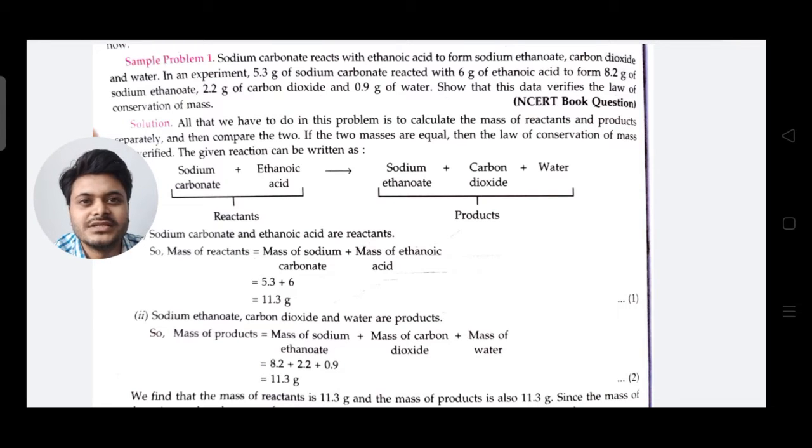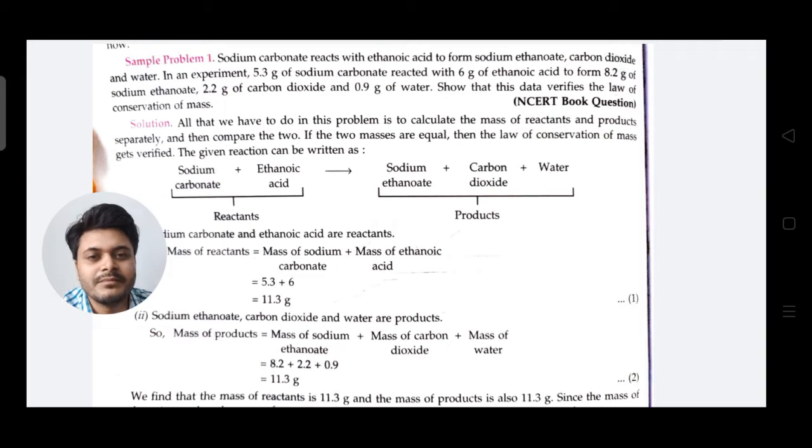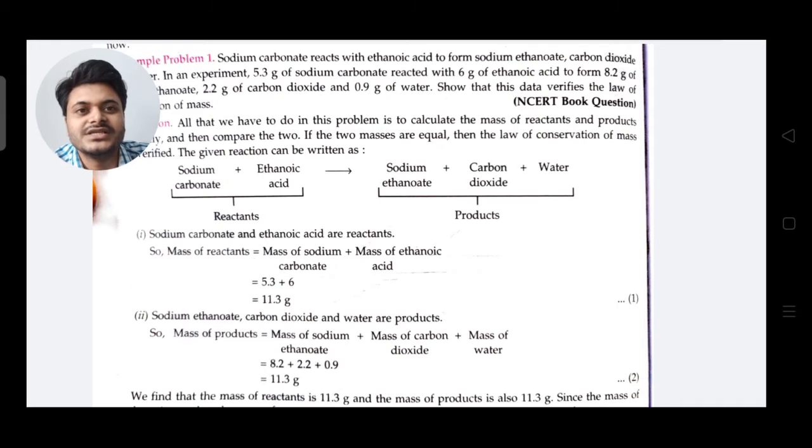So you can see in the solution, all that we have to do in this problem is to calculate the mass of reactants and the mass of products separately and then compare the two. If the two masses are equal, then the law of conservation of mass gets verified. The given reaction can be written as, according to the question, sodium carbonate plus ethanoic acid, these are reactants, and it forms the products sodium ethanoate plus carbon dioxide plus water.